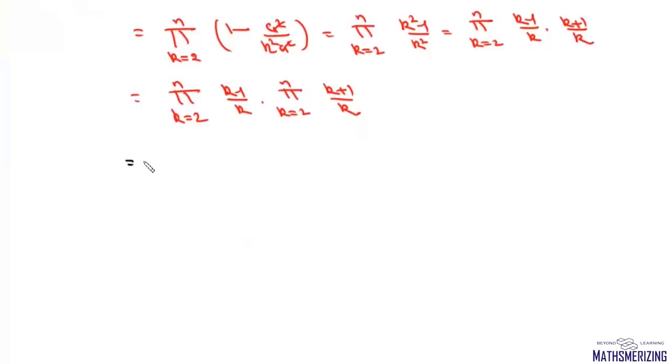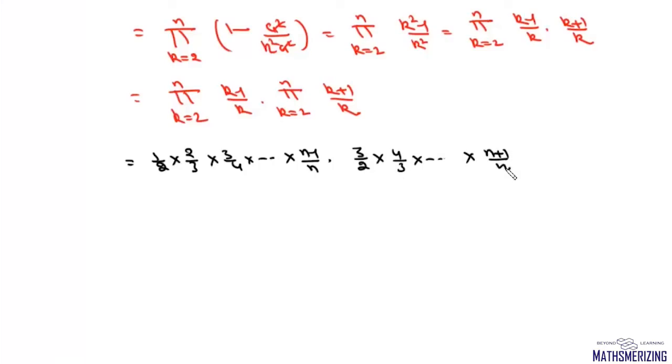Now if we look at the first product, when the value of k is 2, this is 1 by 2, then 2 by 3, 3 by 4, and goes all the way up to n minus 1 by n, into, now here when the value of k is 2, this is 3 by 2, into 4 by 3, and goes all the way up to n plus 1 upon n.